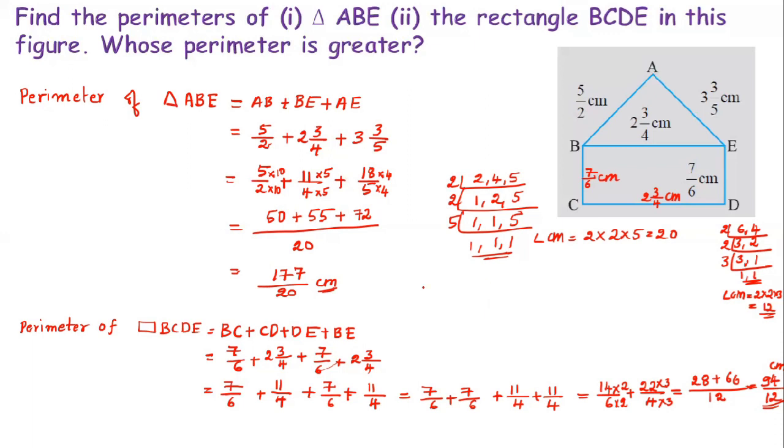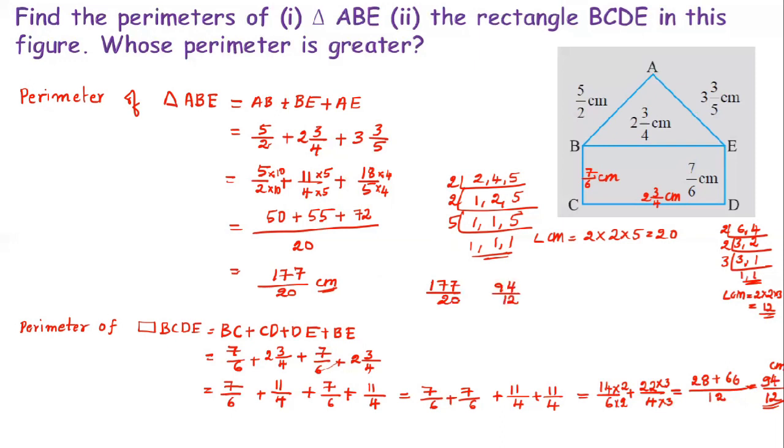Now whose perimeter is greater? Here we have 177 by 20. Here we have 94 by 12. Which is greater? Let us compare now. 177 by 20 and 94 by 12.